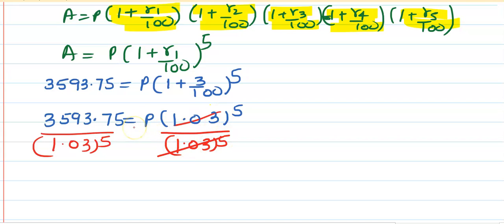Now pick up your calculator and divide 3593.75 by 1.03 to the power 5. Can you do it for me now? And see how much it is coming?